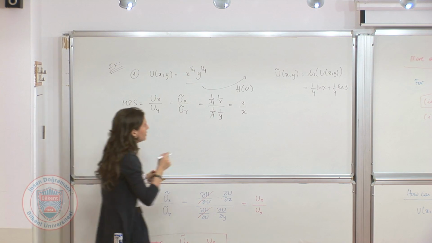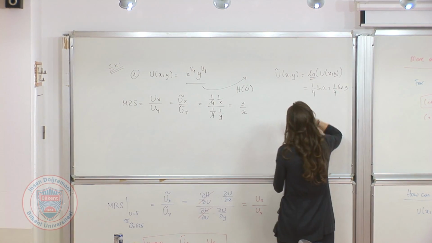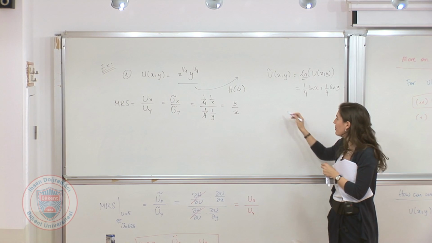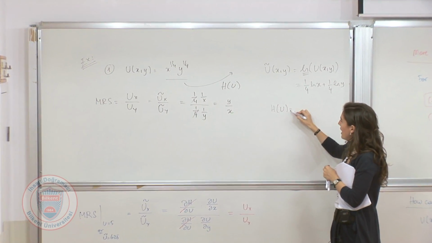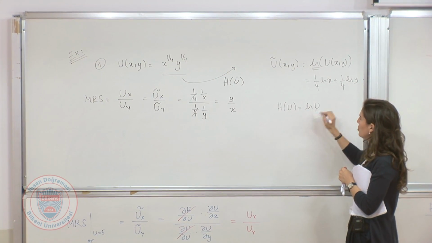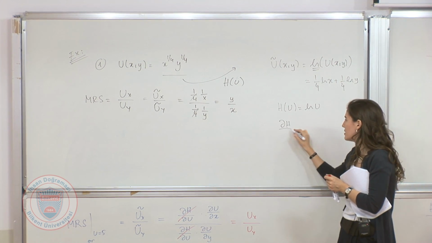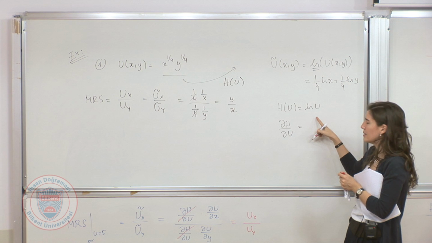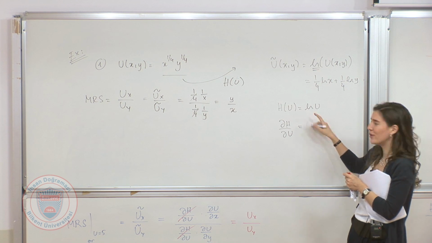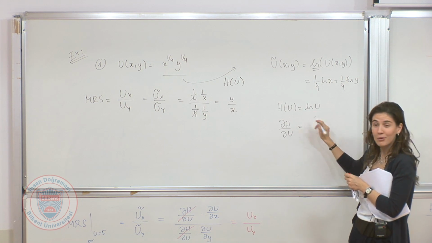But how do I know that the logarithm is a positive monotone transformation? Remember what I was checking? h of u is ln u. I take the derivative with respect to u, which is 1 over u.